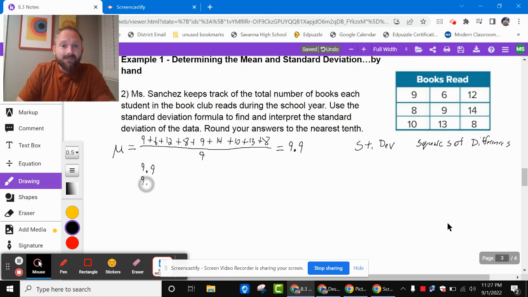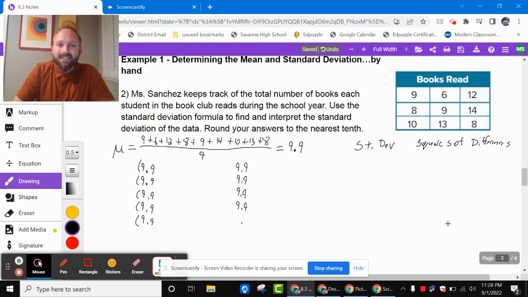We're going to have 9 of these equations.